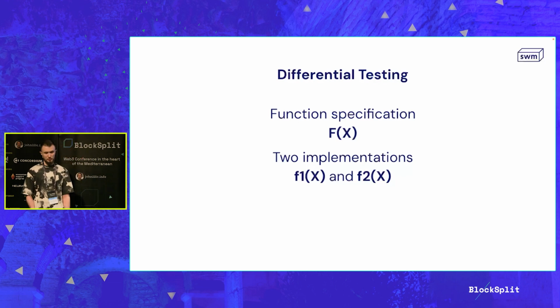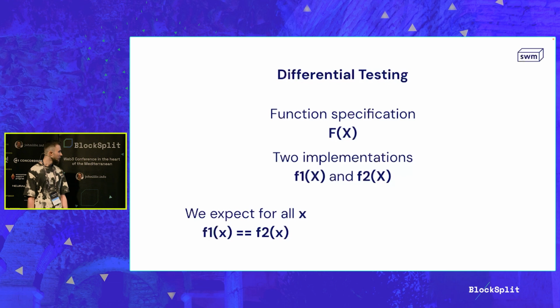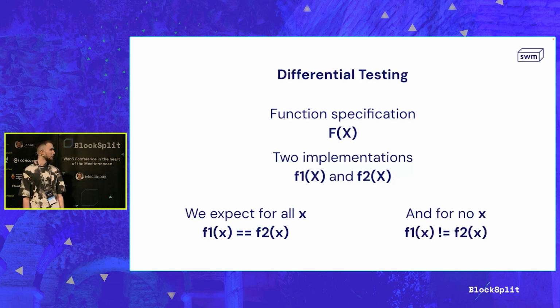So, to be more precise, we expect for all inputs that the outputs of both of these functions will be the same. And of course, we expect for no input the output to be different.